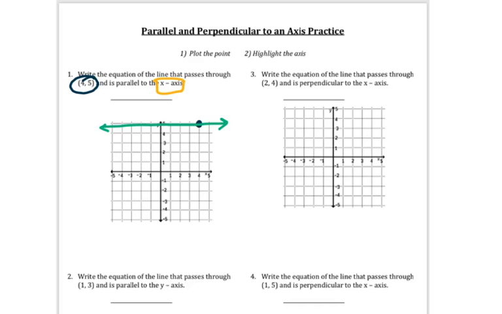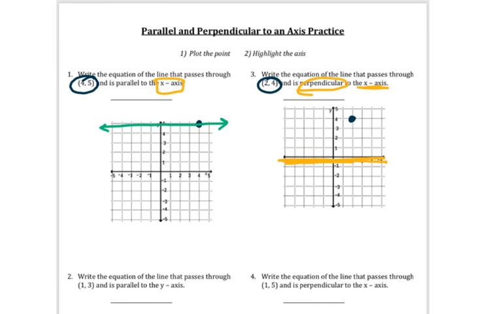We'll look at one more together. Number 3. Write the equation of the line that passes through (2, 4), right 2, up 4, and is perpendicular to the x-axis. So here is the x-axis.